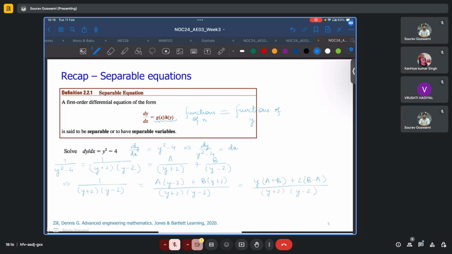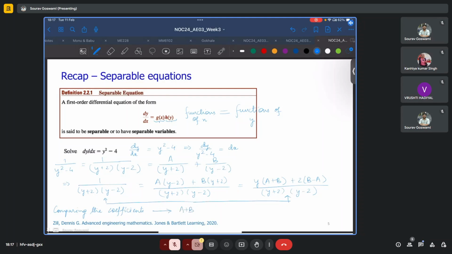Now, if we were to compare both sides of the equation, and specifically if we are comparing the coefficients of both sides, we see that the denominators are equal, and so they can be ignored. And comparing coefficients, we see that there is no y on the LHS, which suggests that the coefficient of y on the left hand side is 0.